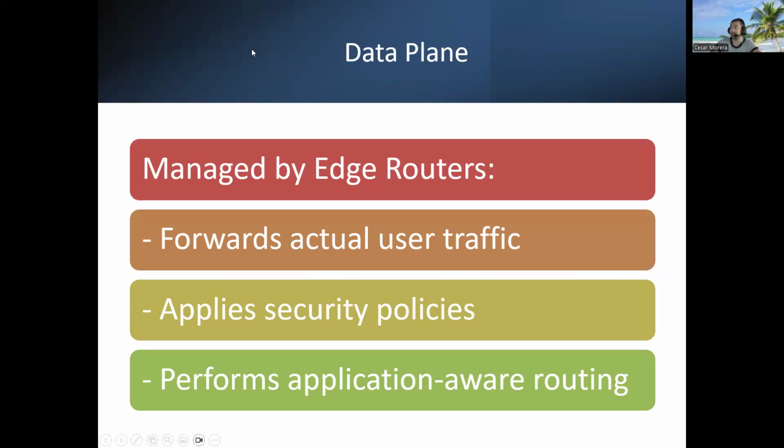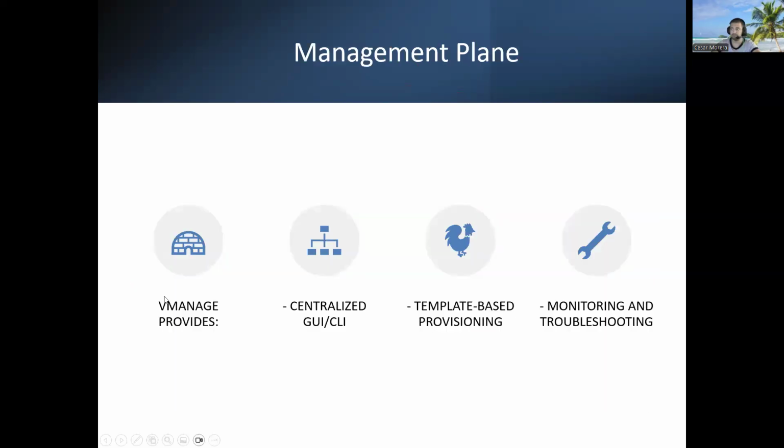The data plane is basically managed by edge routers, and it forwards actual users' traffic, applies security policies, and performs application-aware routing. The vManage provides some of the following. We have a centralized GUI or CLI, template-based provisioning, and monitoring and troubleshooting.